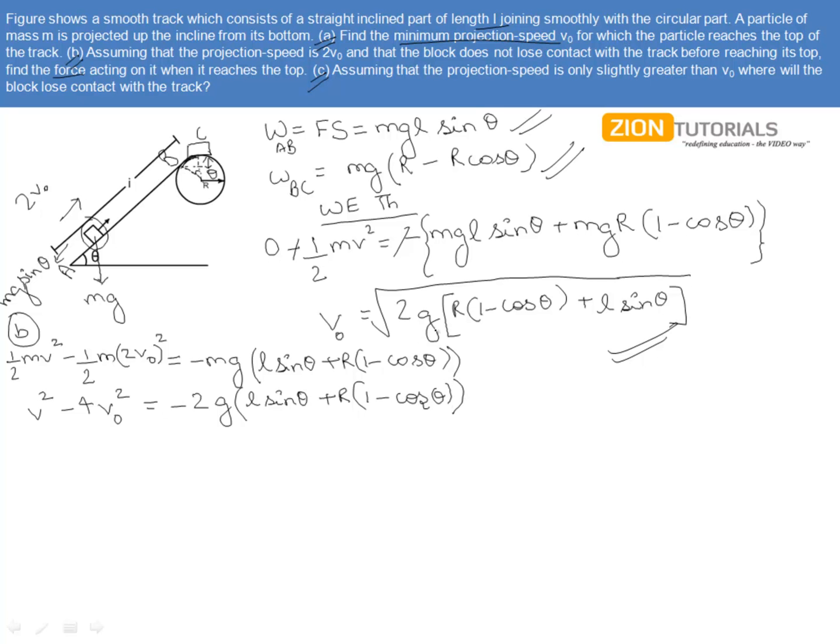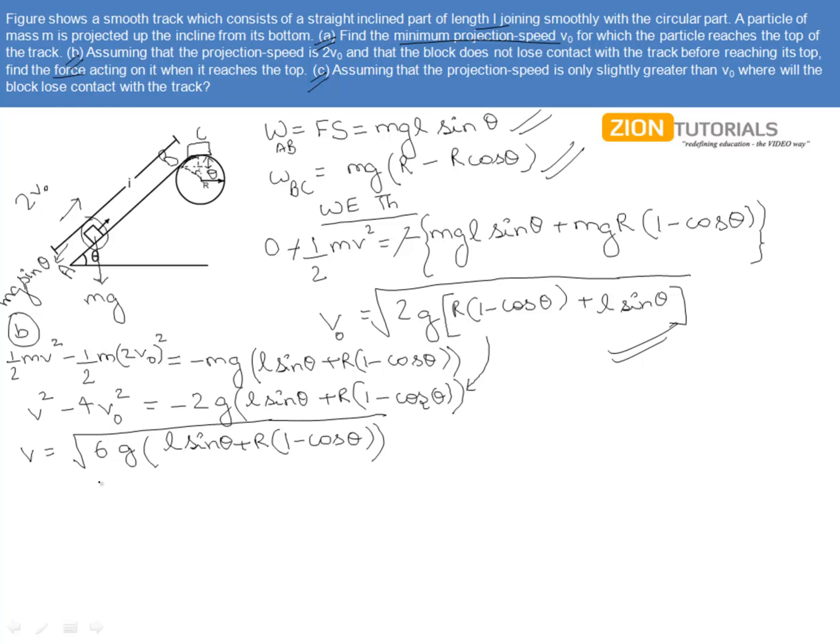Now putting the value of v naught from the first part, we get the value of v to be under root 6g into L sine theta plus r into 1 minus cos theta, right?